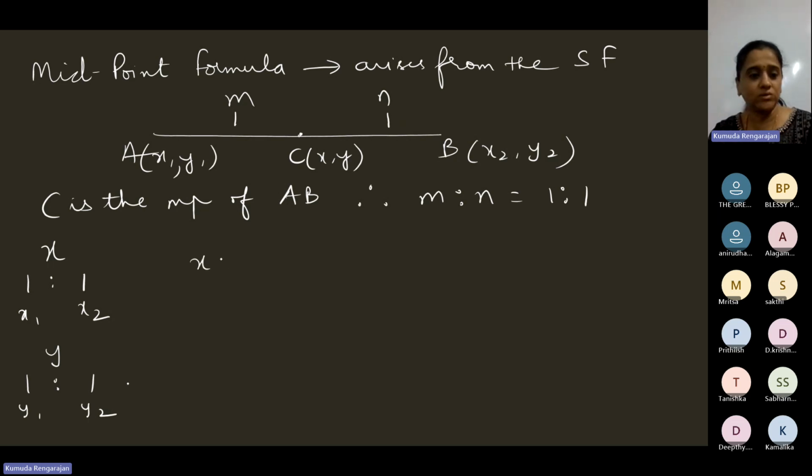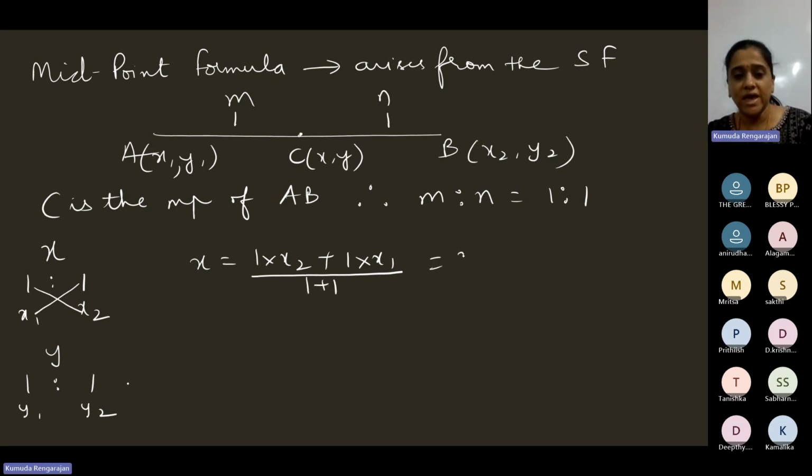So x is equal to (1 into x2 plus 1 into x1) by (m plus n), that is 1 plus 1, which is (x2 plus x1) by 2, or (x1 plus x2) by 2.